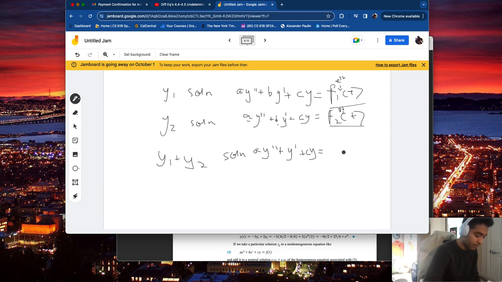Basically, we can exploit this property to find the particular solutions separately for each of them and then just add them up in the end.